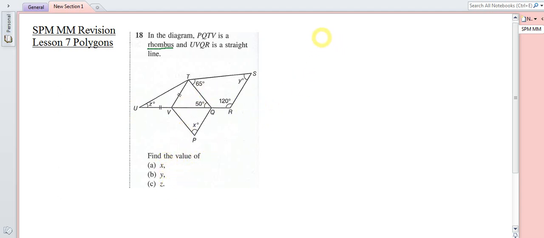Okay, so first, let's go to the rhombus. What's the property of a rhombus? A rhombus means that these two sides are parallel to each other, and these two are parallel to each other. Another very important property is the diagonals, right? The diagonals here will be 90 degrees, and all sides are the same length.